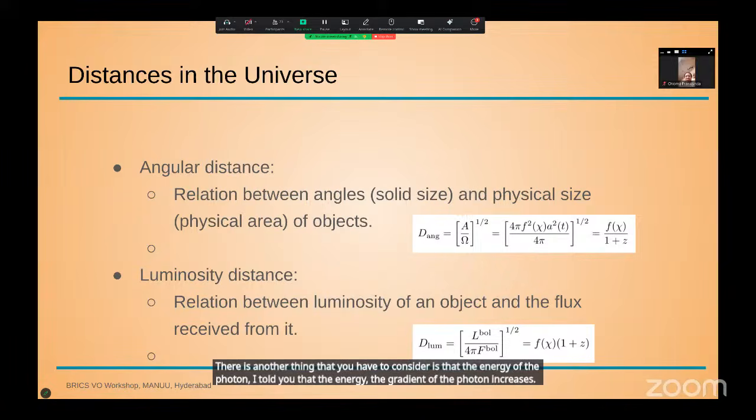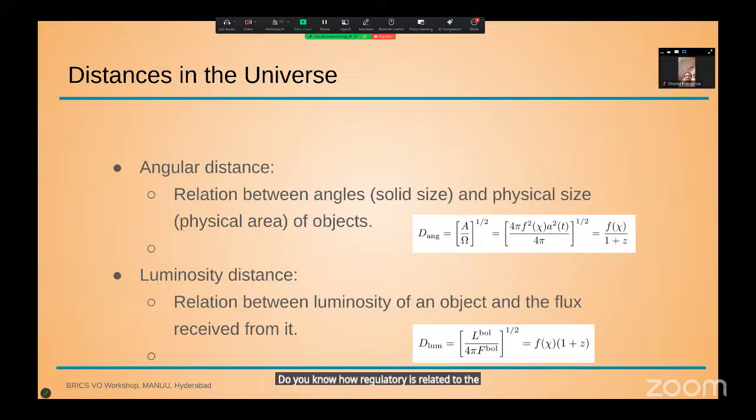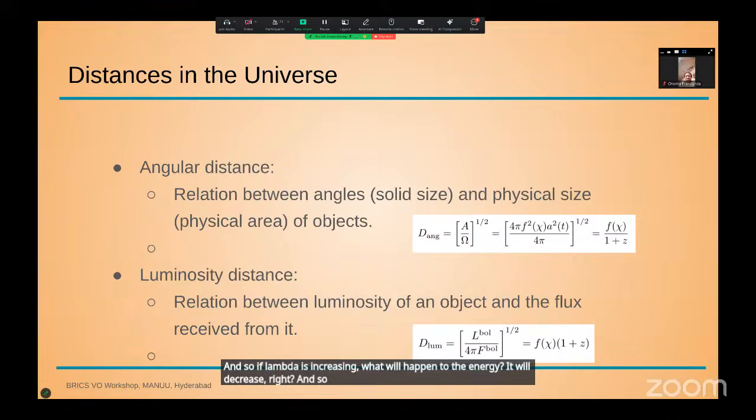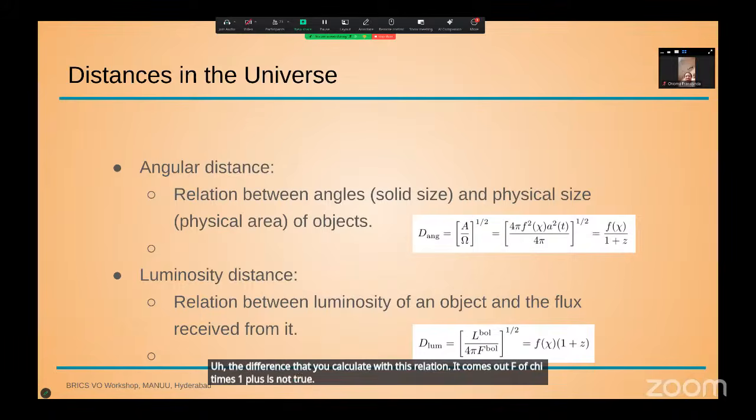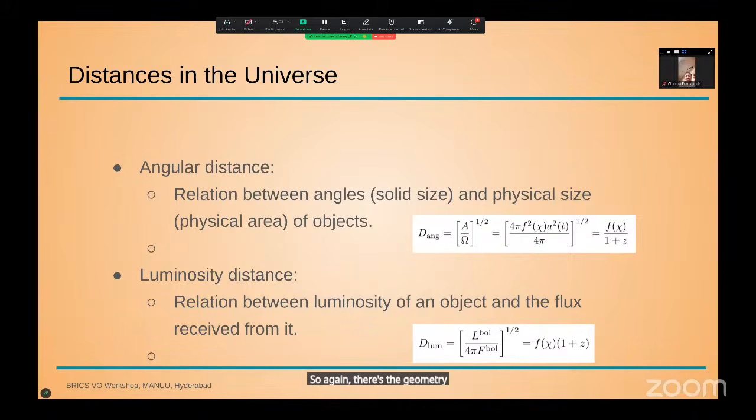Do you know how energy is related to the wavelength of the photon? It's hc by lambda, right? So if lambda is increasing, what will happen to the energy? It will decrease, right? So when you put all of these things together and figure out the flux, you can show that the distance you calculate with this relation turns out to be f of chi times 1 plus z. So again there is a geometry dependence, but in addition there is a redshift effect.